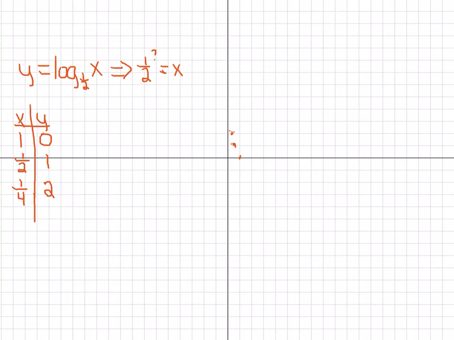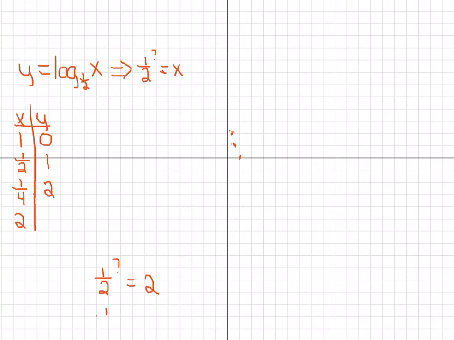Let's go to the number 1. 1/2 to what power gives me 1? Well, we already did this one. I'm sorry, it was the 1, 0. Let's change that to 2. 1/2 to what power gives me 2?